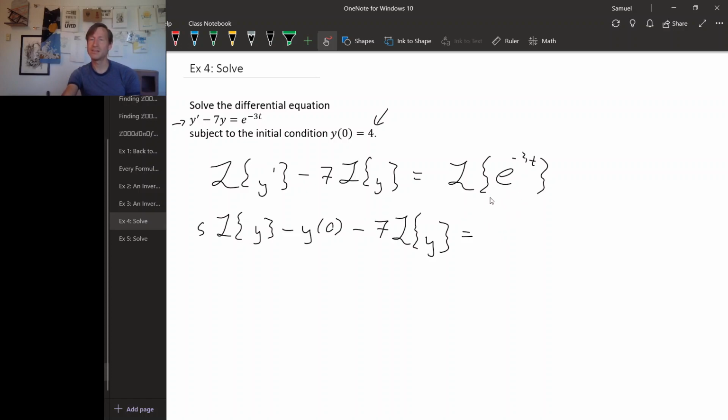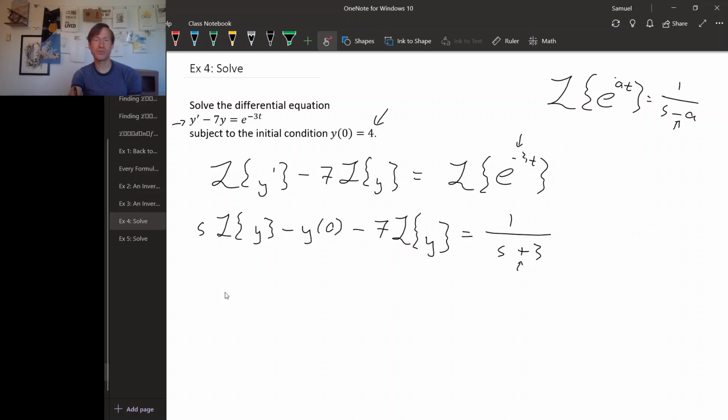We already calculated the Laplace transform of exponentials like this, and what we got was 1 over s plus 3. Remember, in general, the Laplace transform of e to the at is 1 over s minus a. Since our a value is negative 3, the minus sign in the middle turns into a plus right there.